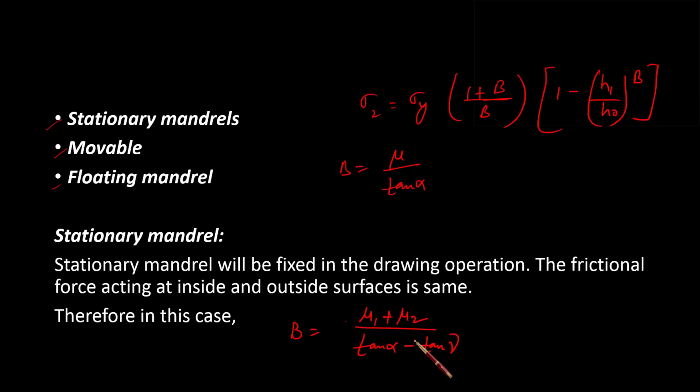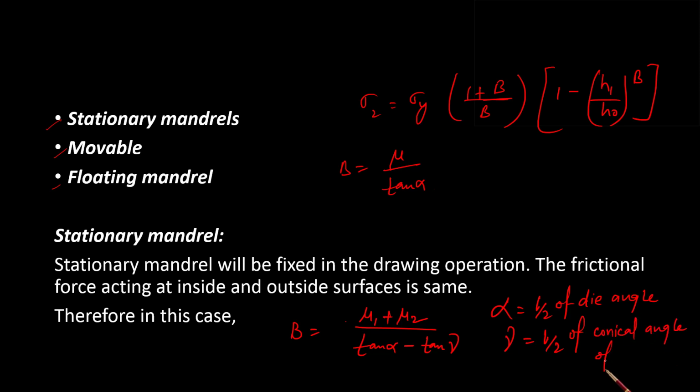Here alpha is half of the die angle and gamma is half of the conical angle of the mandrel.